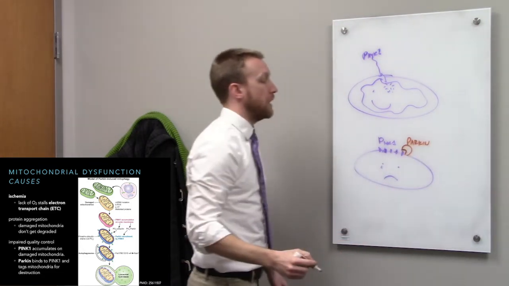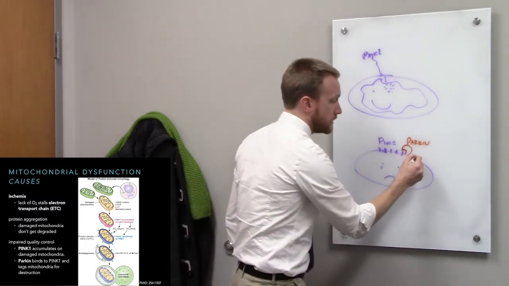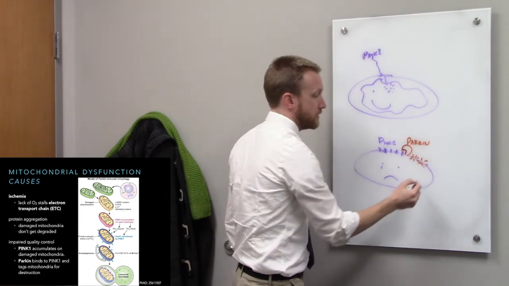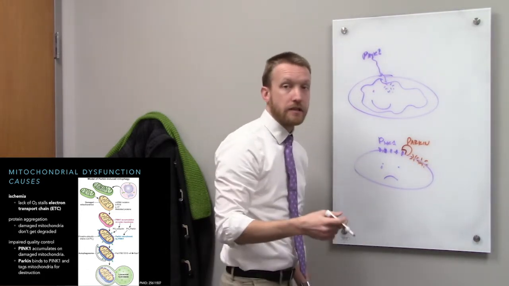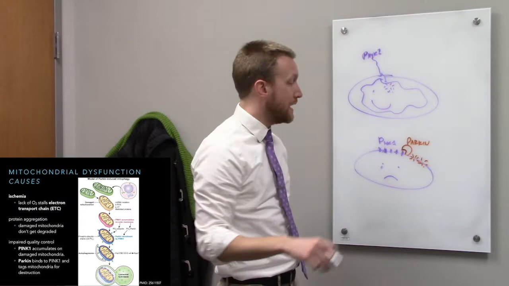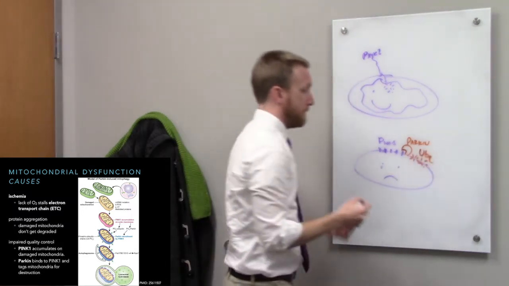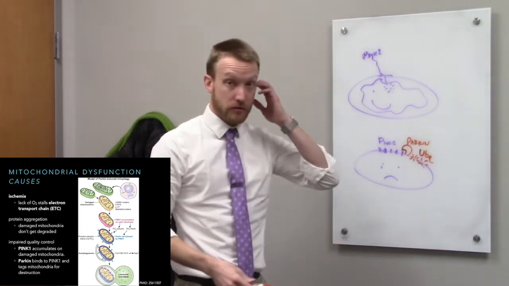Parkin binds, and what Parkin does is tag the mitochondria for destruction. What it does is ubiquitinate it. It adds a bunch of ubiquitin molecules on. And that's taken as a sign that this is damaged goods.